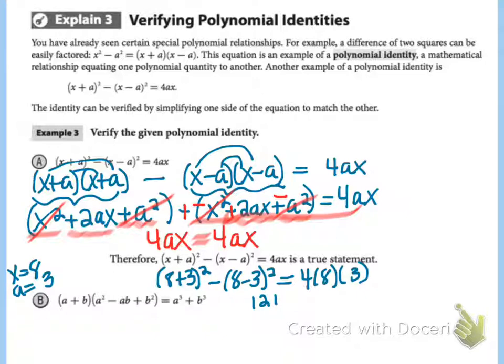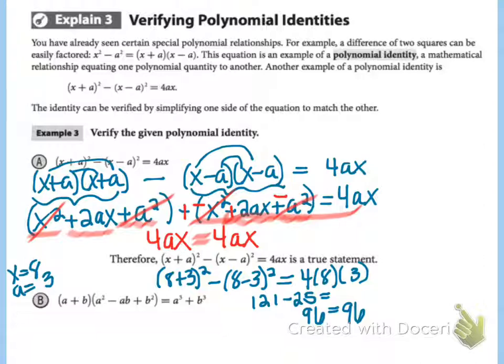Squared is 25. And 121 minus 25 would equal, I believe, 96. And that's exactly what I get when I multiply 4 times 8 times 3, because 4 times 8 is 32, times 3 is 96. So I just randomly picked an x and an a, and it will always be true that the difference between the sum of those numbers squared and the difference of those numbers squared will always be equal to 4 times the product of those numbers.